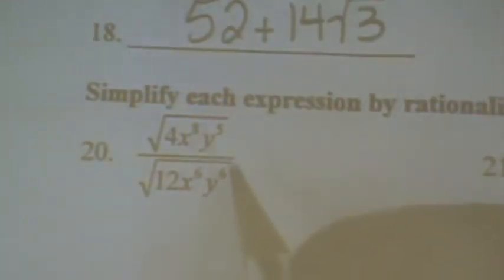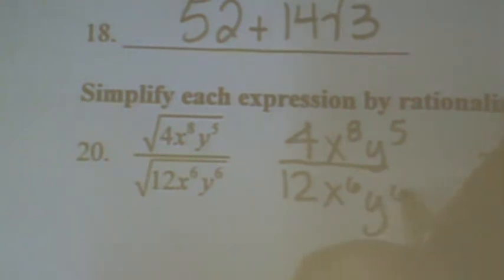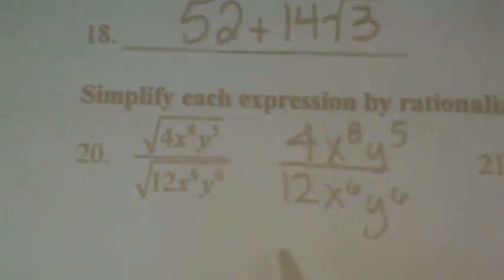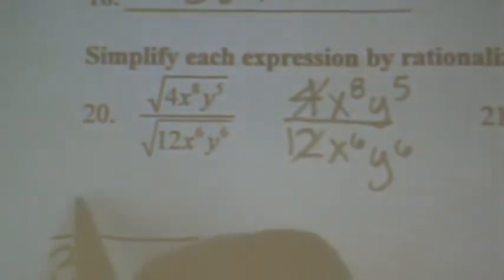Number 20, when you're dividing and the indexes are the same, think of this as a fraction: 4/12, and then x to the 8th over x to the 6th, y to the 5th over y to the 6th. So if you were to just simplify this fraction, what would you get? 4/12 reduces to 1/3.